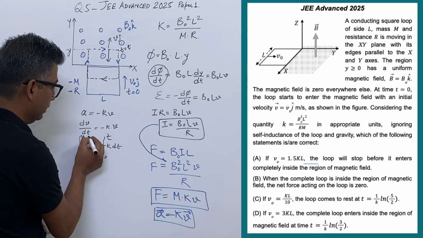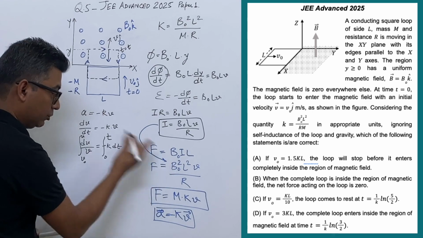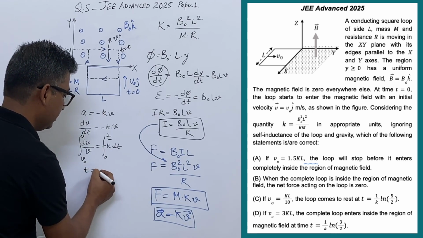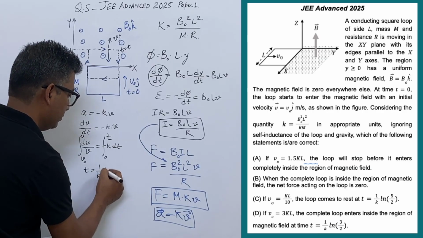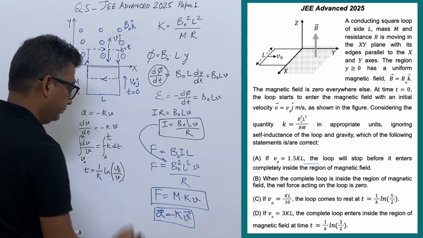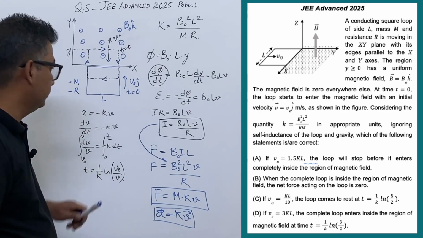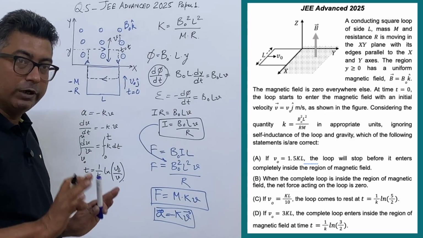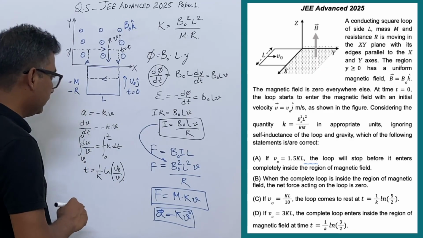V naught to v. If you solve this, it is a very simple equation where I get t is equal to M by K times ln of v naught by v. So this is one equation I got, which is time versus velocity. This can actually help us look into some of the options. What are the other things that we need?